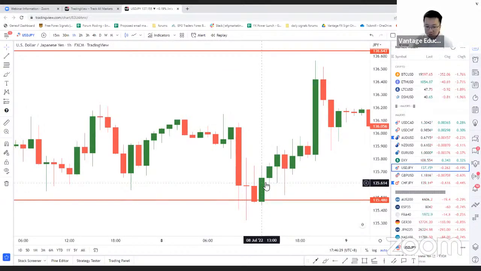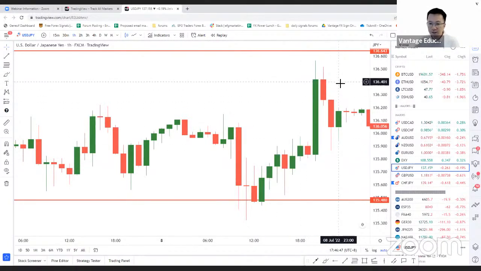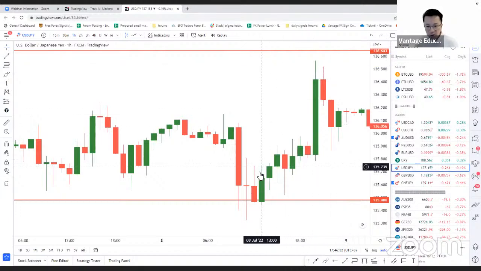So in this case, a bullish engulfing pattern, a two candlestick pattern forming, indicating the expectation for further upside. What we saw here is that following this bullish engulfing, we saw that push towards the upside, towards that 136.50 level.